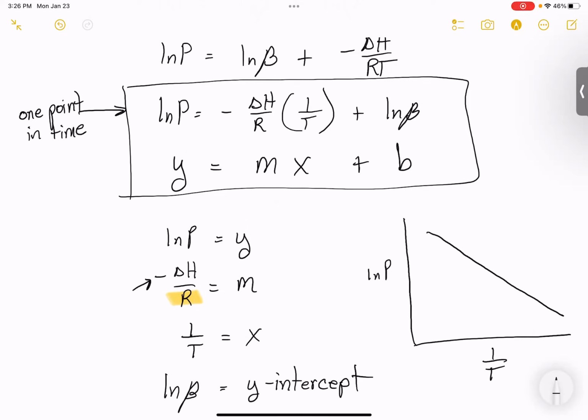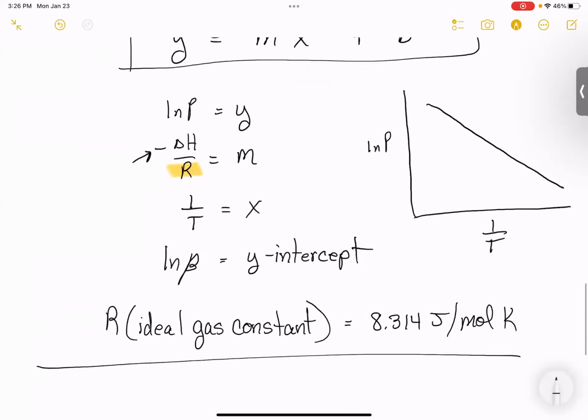But the Clausius-Clapeyron equation looks at the change that occurs and what is responsible for that slope. Because remember, slope is y minus y over x minus x.